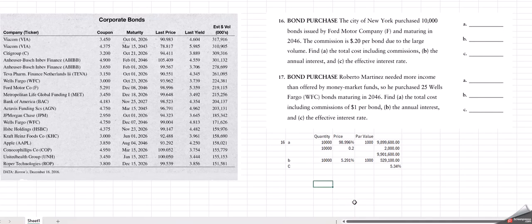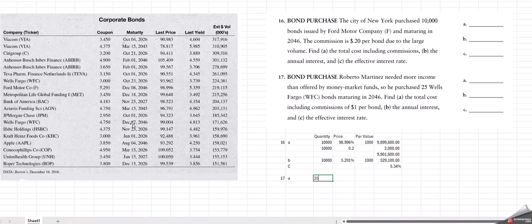And then we'll do the same thing for number 17. So now Roberto Martinez needed more income than offered by the money market funds, so he purchased 25 Wells Fargo bonds that are due in 2046. So we look over here, Wells Fargo, due 2046, so those are the bonds. And he purchased 25 of them.